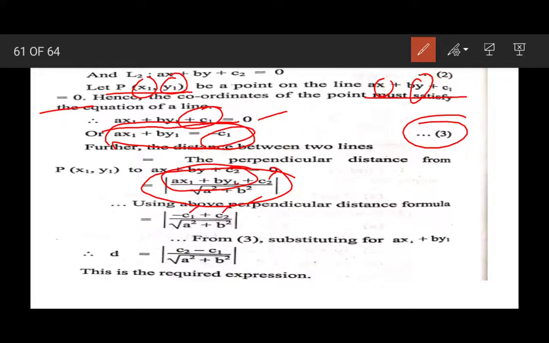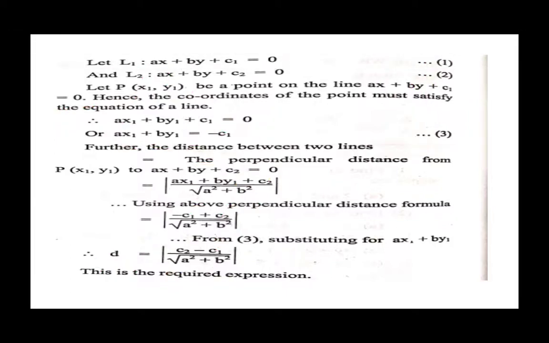So minus c1 plus c2 upon root of a square plus b square. So finally we will get the formula as D is equal to mod of c2 minus c1 upon root of a square plus b square. So this is the formula for finding distance between two parallel lines.